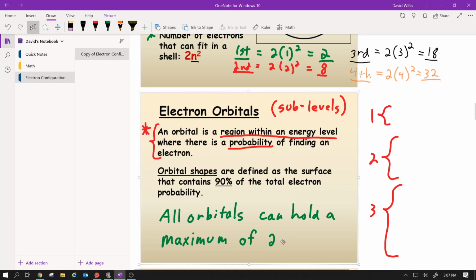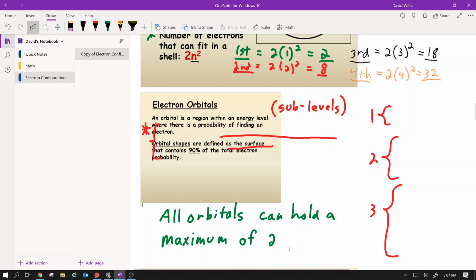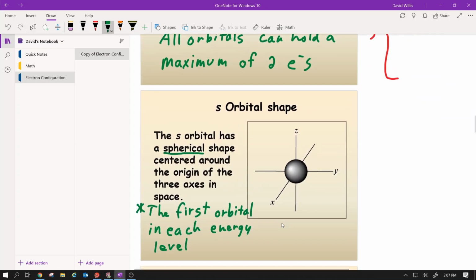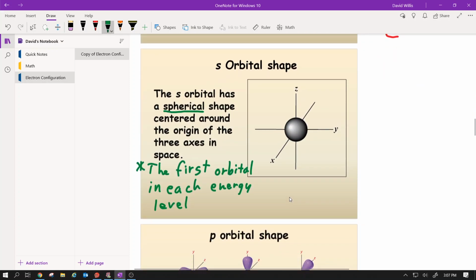Whoops. Didn't mean for that to happen at all. Let's come back up here and click on the green pin again. All right, so all orbitals can hold a maximum of 2 electrons. So we see that our s orbital can hold 2 electrons.